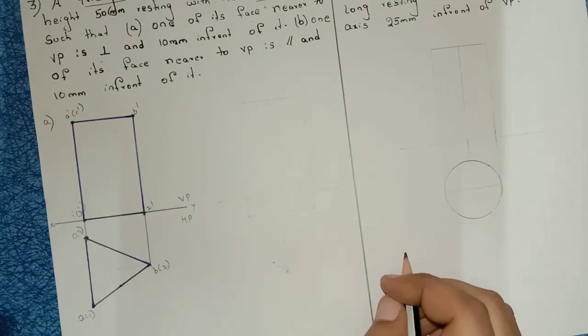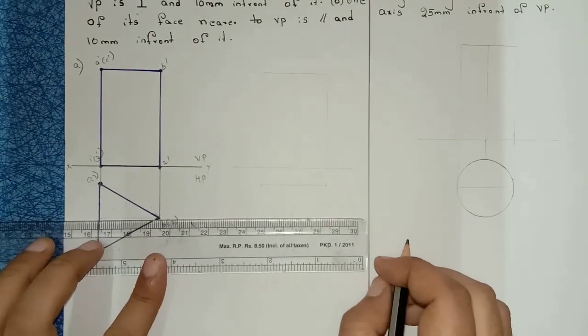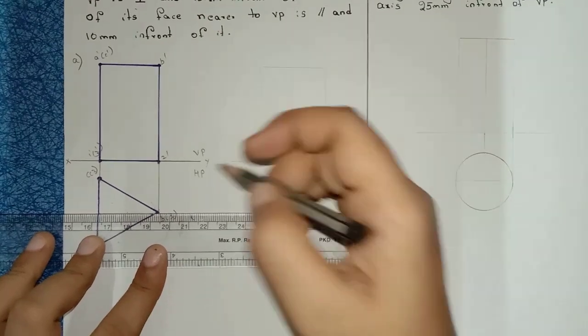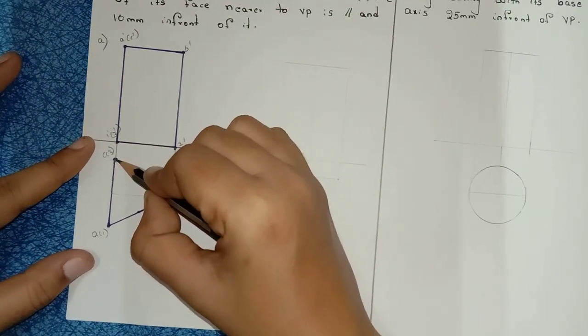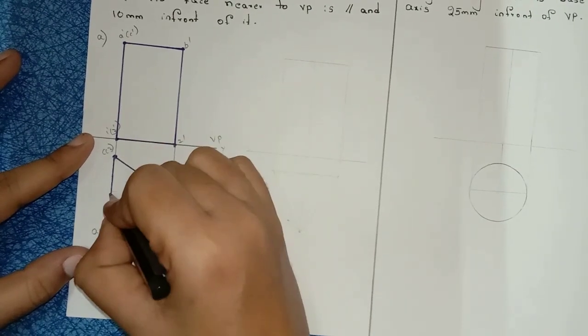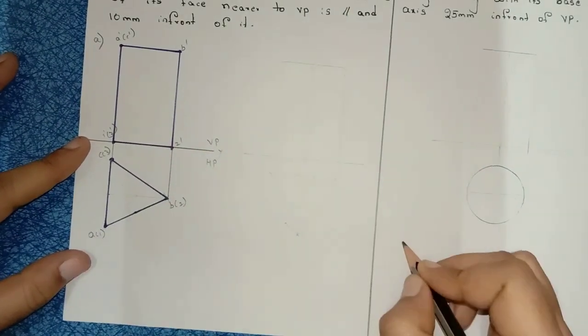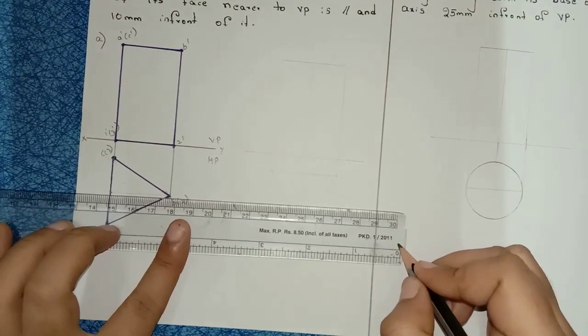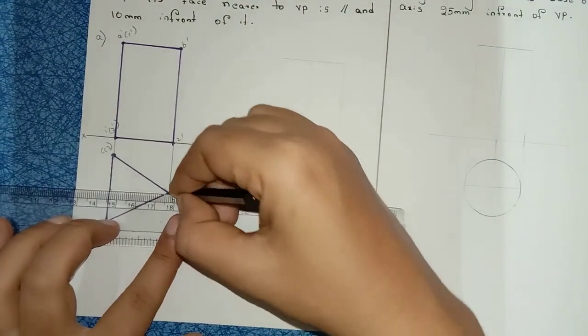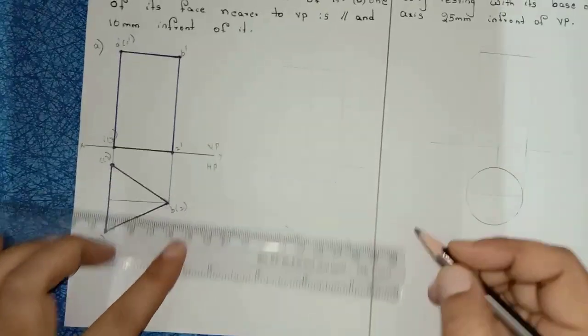After constructing, we have to mark the midpoint of this triangle. So I am measuring this A to C length and marking the midpoint of that. Now from this B point I will draw a straight line to this midpoint.